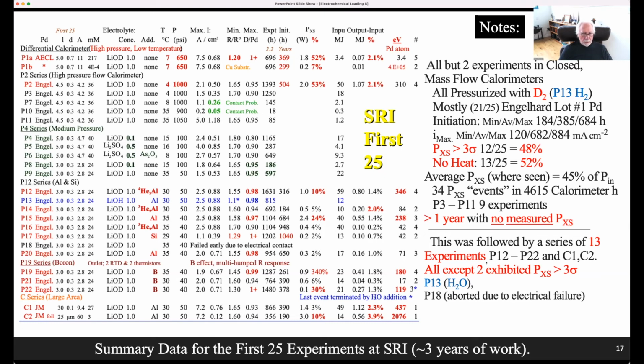This actually induced a certain level of intestinal fortitude, both on our part and our sponsors. But fortunately, this was followed by a series of 13 experiments. All except 2 exhibited excess power greater than 3 sigma confidence. Of the 2 that didn't, one was a light water experiment, and the other was aborted due to an electrical failure.